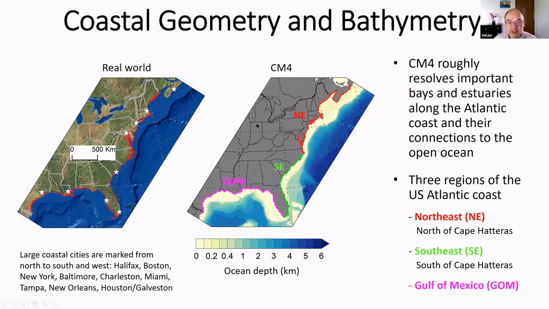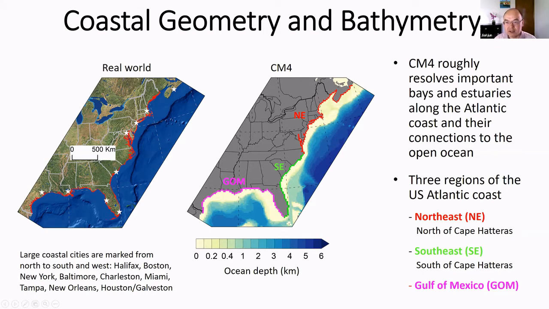The CM4 better represents the coastal geometry and bathymetry along the Atlantic coast of the US. This is the Atlantic coastline in nature, as highlighted by the red color, and the right panel is the representation in CM4.